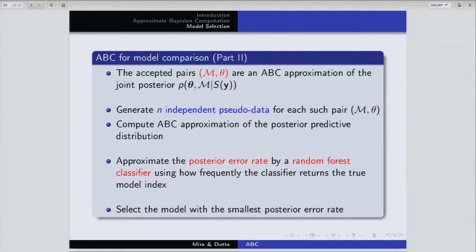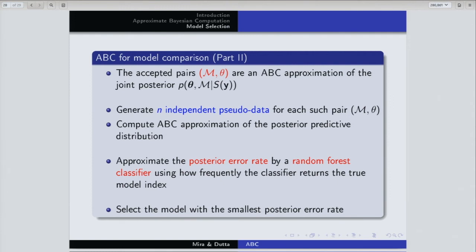Then, a more refined version of simply counting the number of parameters that have been retained that come from model 1 and from model 2, which is proven to be not very efficient, is done to approximate the posterior error rate of each one of the models by a random forest classifier.